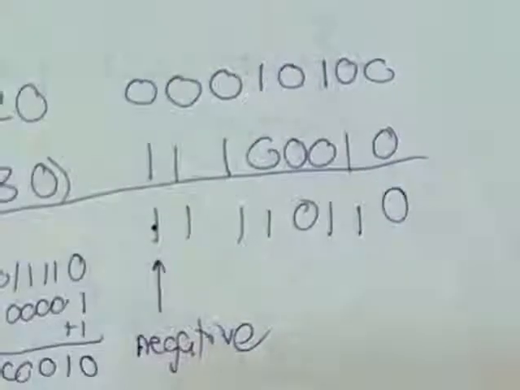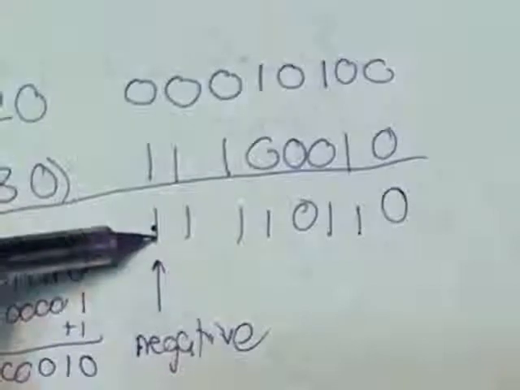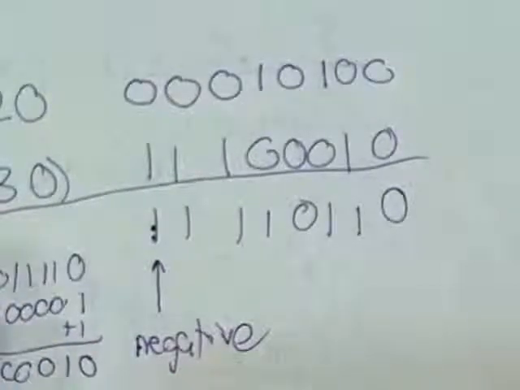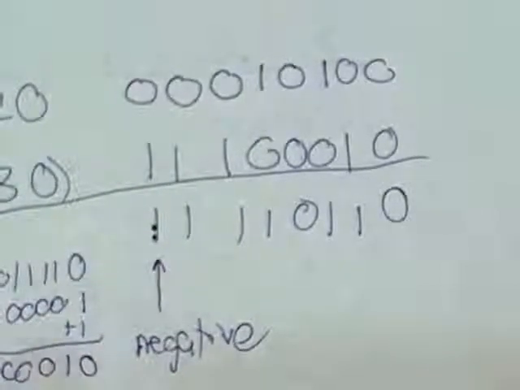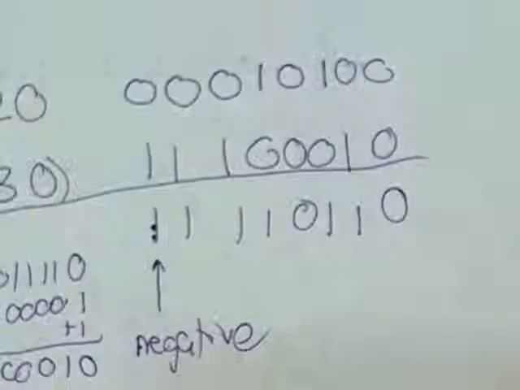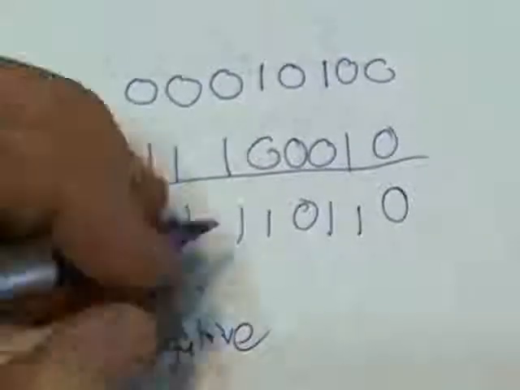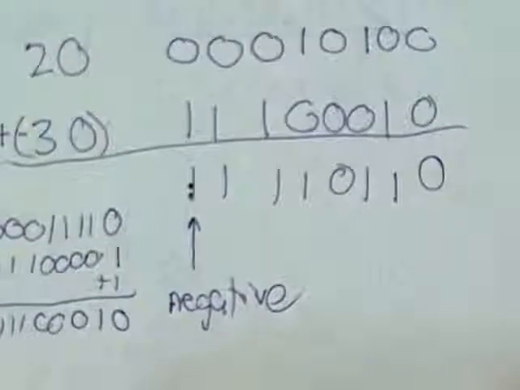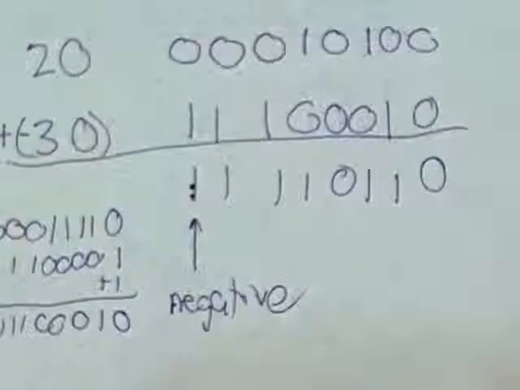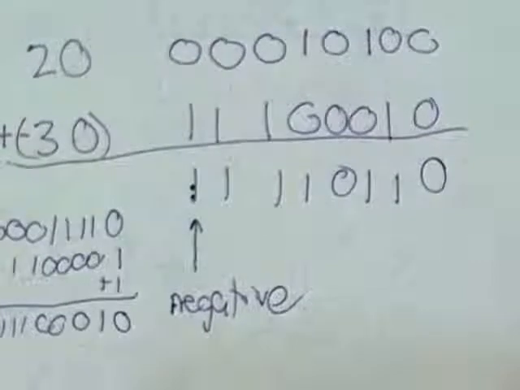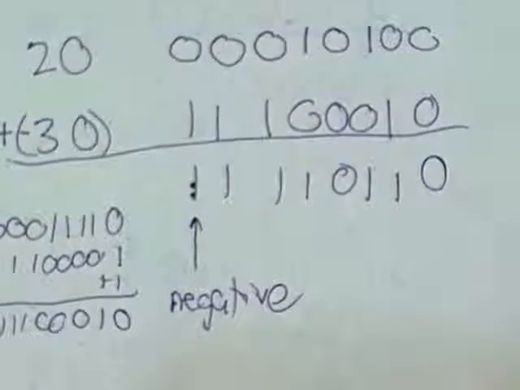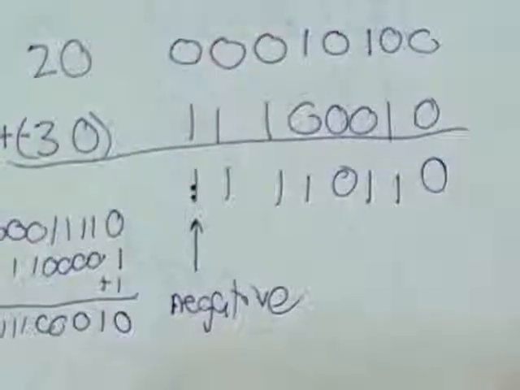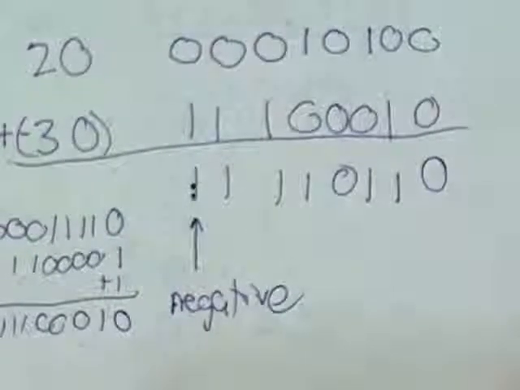Of course, you should ask yourself then, negative what? Well, if I know my answer is negative, which I do, I'm going to convert it into human world and tell me what that value is. How do I convert a negative number into a number that I can understand? In 2's complement, it is always, always, always invert, add 1.